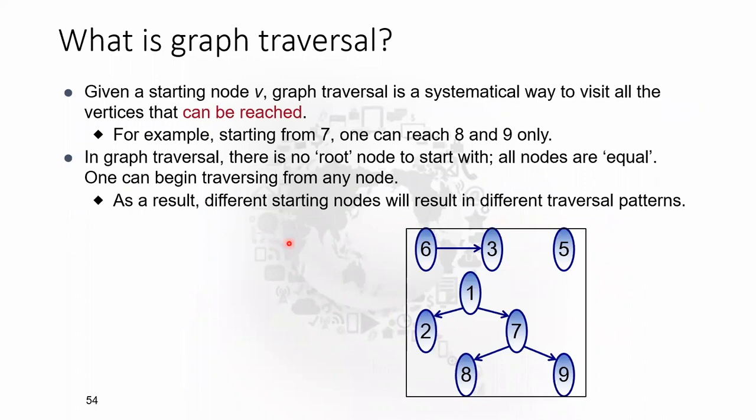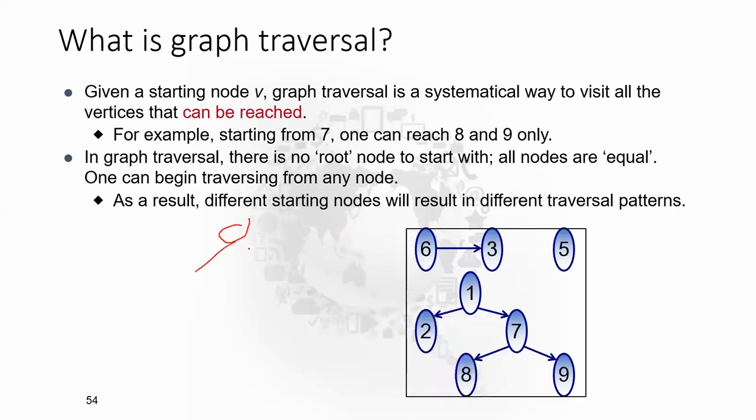So given a starting node V, the graph traversal will travel in a systematic way to visit all the vertices that can be reached. So let's say given V is 7, you can reach the adjacent nodes, which are 8 and also 9. So in graph traversal, there is no root node to start with. Like in a tree, we have the root, right?